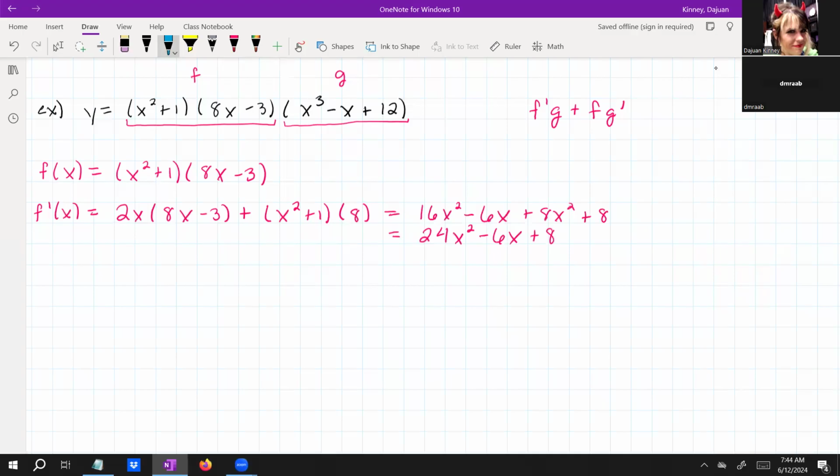Use our original formula. So y prime. Derivative of the first, which is just 24x squared minus 6x plus 8 times our second, our g function as is, plus the first. I'm going to go back and write my original f function.